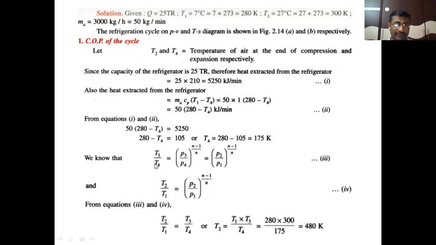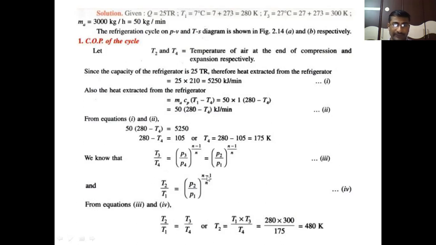And we know that T3 by T4 is equal to (P3 by P4) whole power (n minus 1) by n, or (P2 by P1) whole power (n minus 1) by n, because P3 equals P2 and P4 equals P1. The compression and expansion are polytropic, that's why we are using (n minus 1) by n. Therefore, T2 by T1 equals (P2 by P1) whole power (n minus 1) by n.